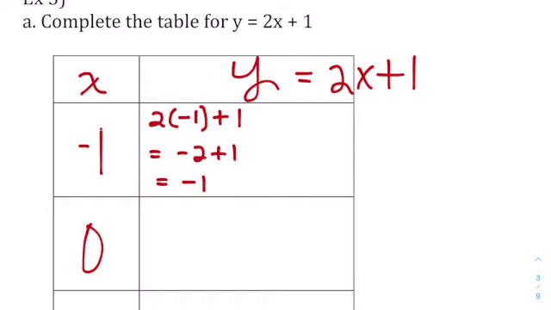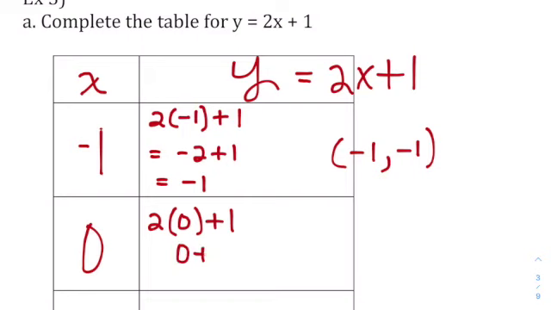So your ordered pair for that one is going to be -1, -1. Okay, next one, plug in the 0 for x: 2 times 0 is 0, plus 1, that's just going to be 1. And the answer for that is 0, 1.